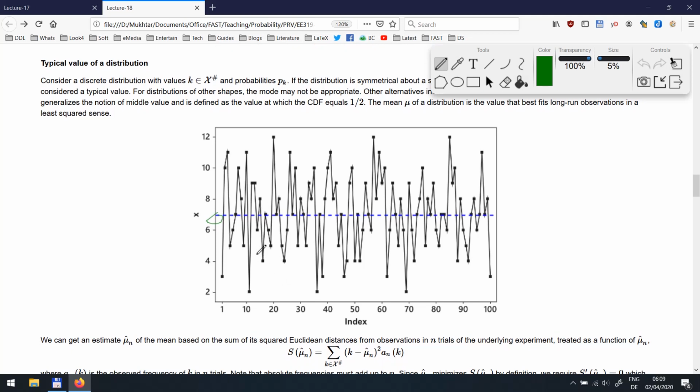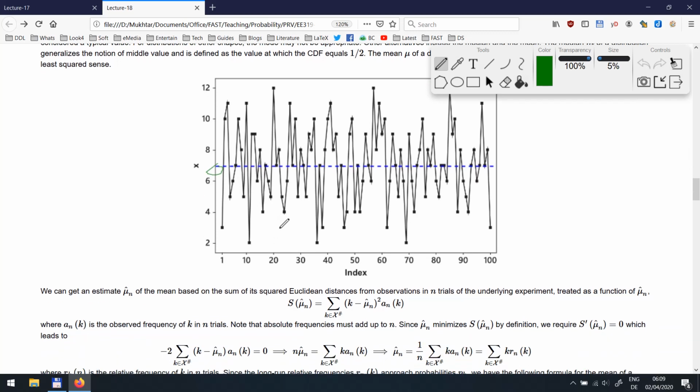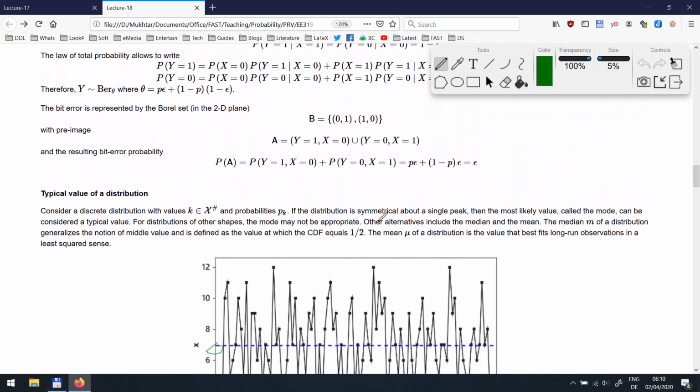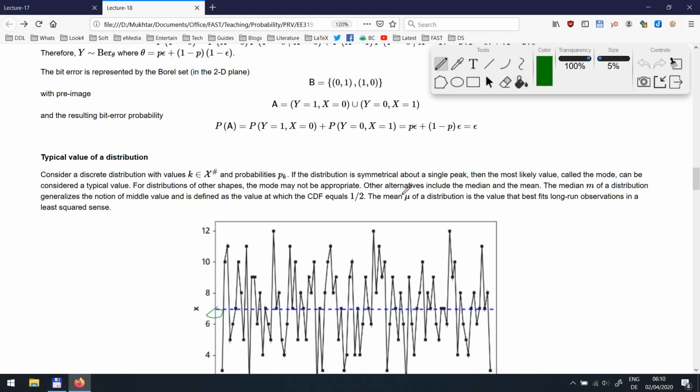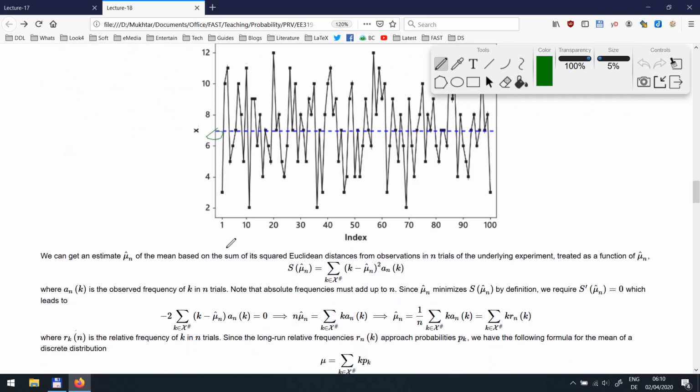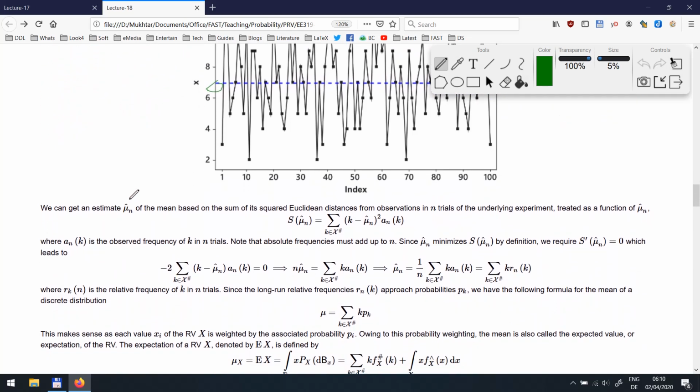Now, why do I say that it is the best fit? We need a criterion. So let's call this mu, and let's say I want to estimate this mean mu from this data. So let's use a hat for that.